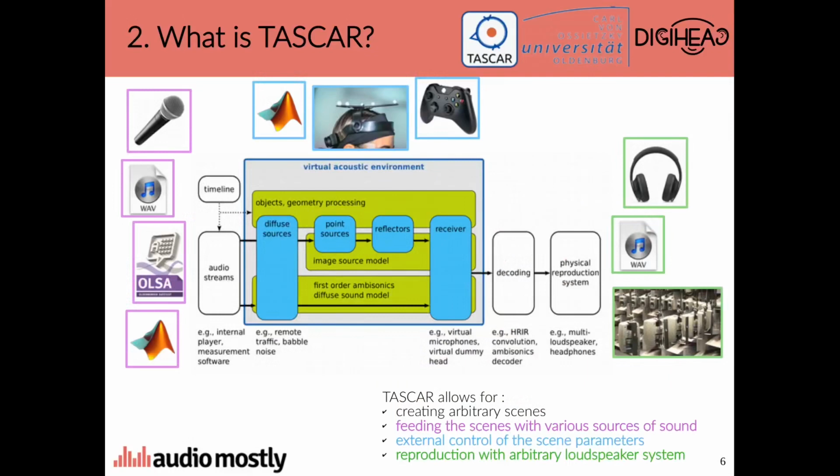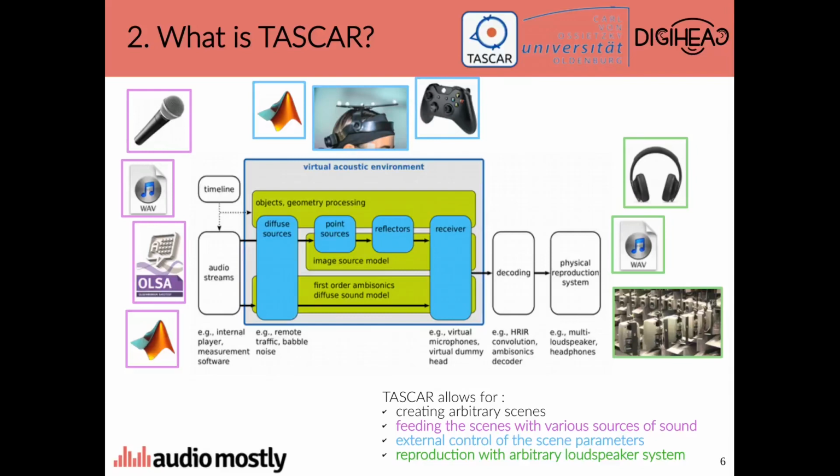So here we can see another representation of what TASCAR is, and in this block diagram the main part is the virtual acoustic environment. This is what I will show you today how to create, and we will sometimes call it the TASCAR scenes.